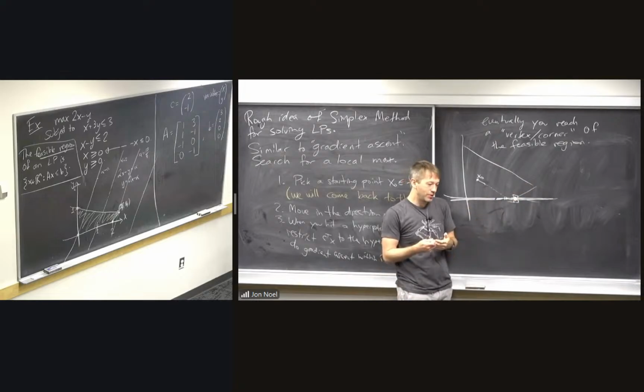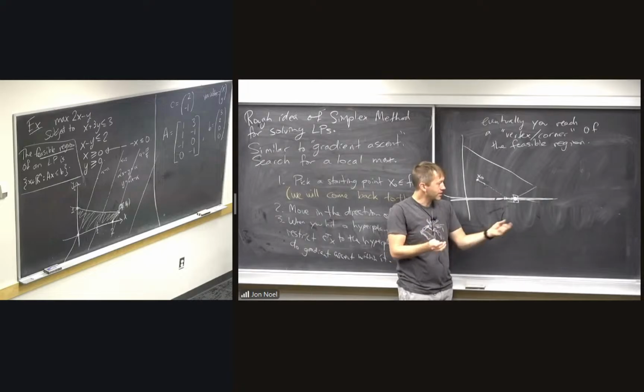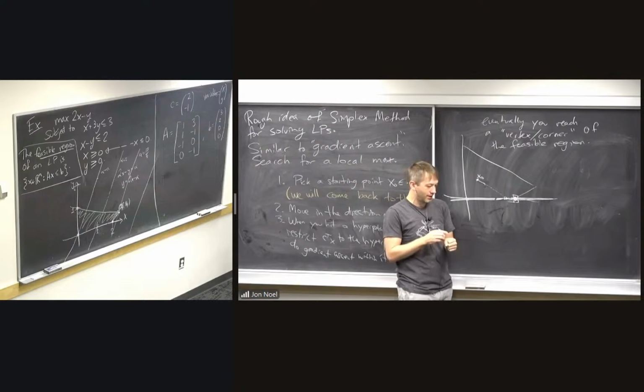But now what you do is you look at all the possible neighboring vertices on the feasible region, and if there's one of those neighboring vertices that I can move to in a way that increases my objective function, I just go there.